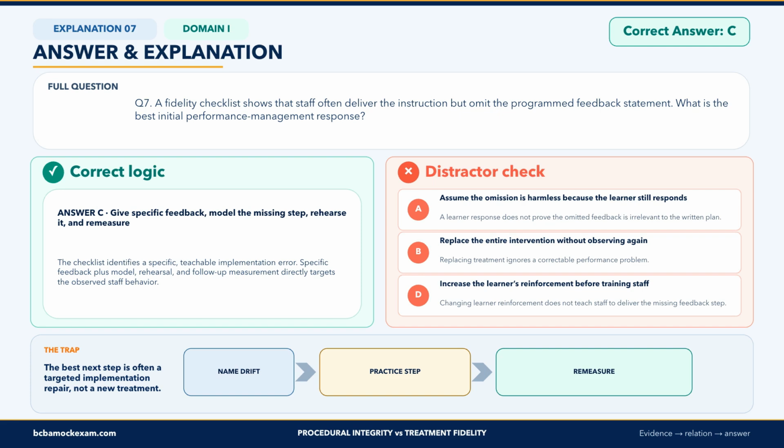A learner response does not prove the omitted feedback is irrelevant to the written plan. B. Replacing treatment ignores a correctable performance problem. D. Changing learner reinforcement does not teach staff to deliver the missing feedback step. When integrity data identify a specific staff behavior, train the behavior with feedback and rehearsal, then check it again.